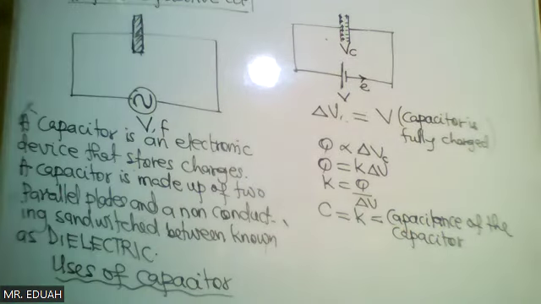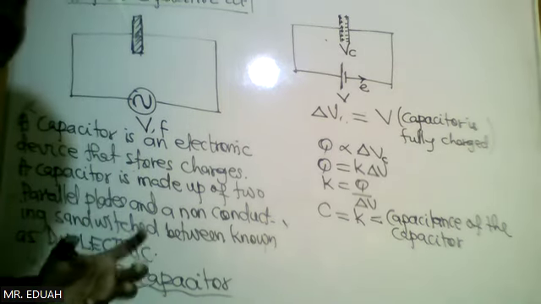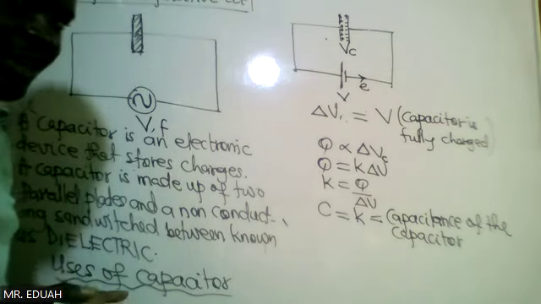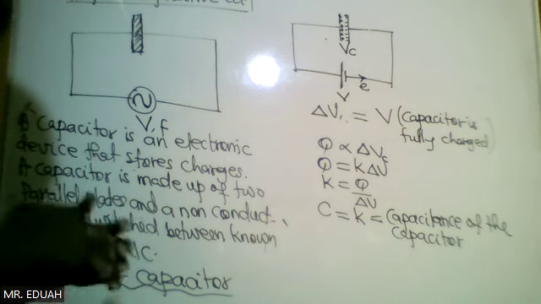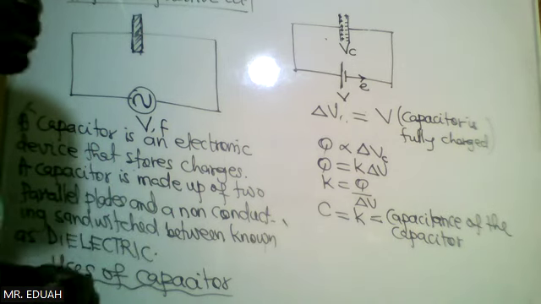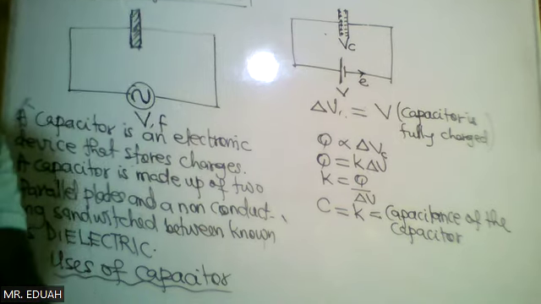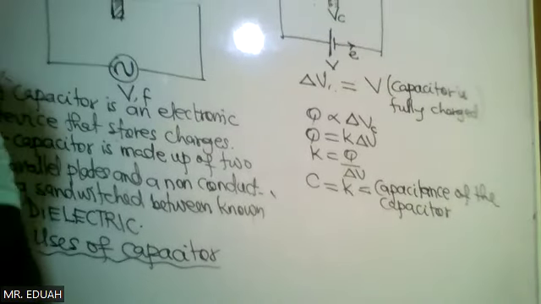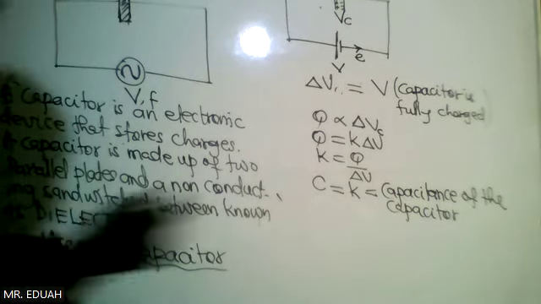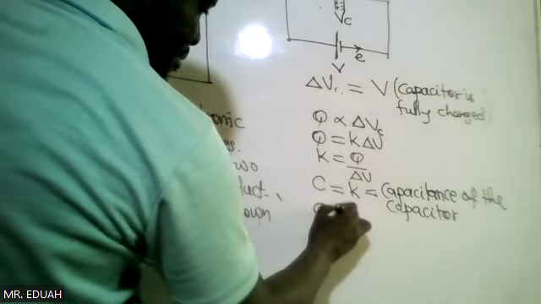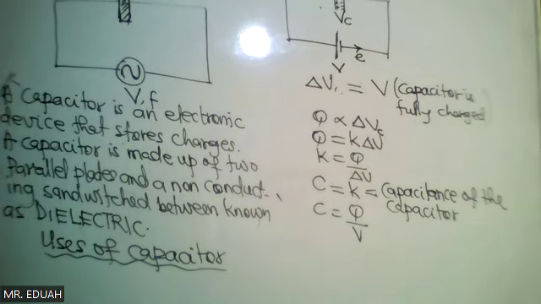And the capacitance of the capacitor is the measure of the capacitor's ability to store charges. That's the definition. The measure of the ability of the capacitor to store charges is known as the capacitance of the capacitor, which is given by charge over the voltage drop or the potential difference.